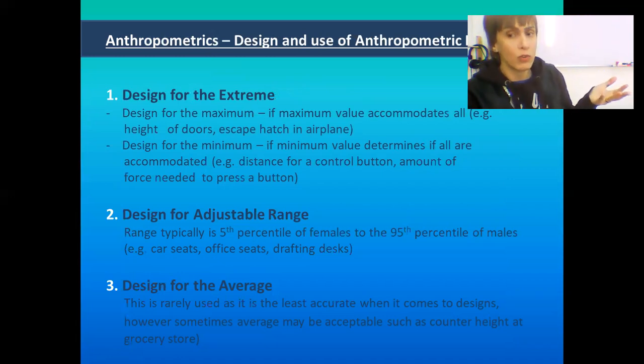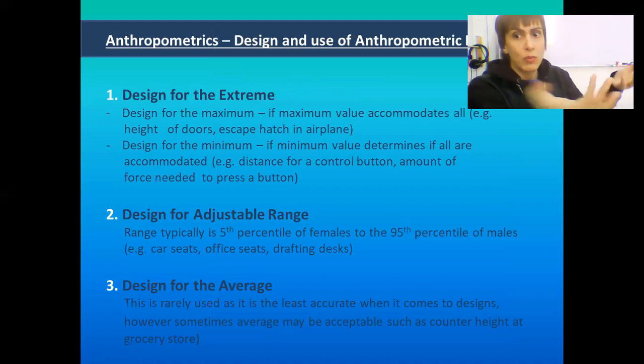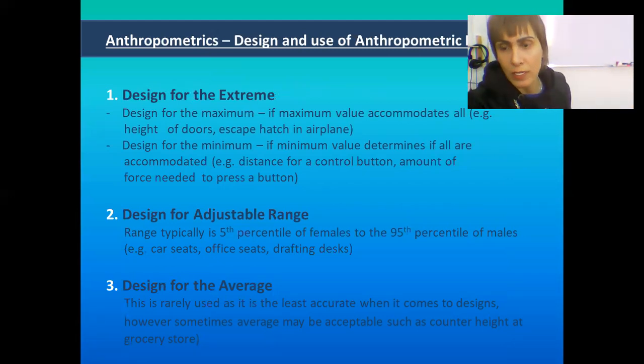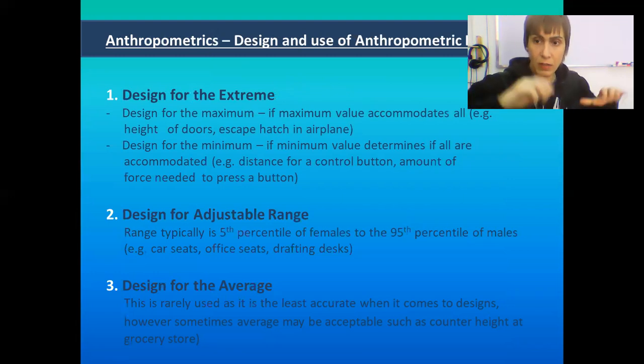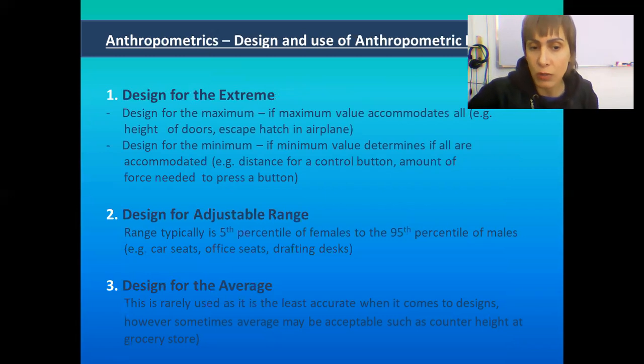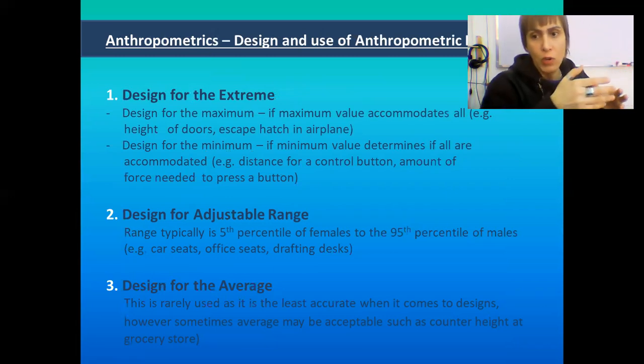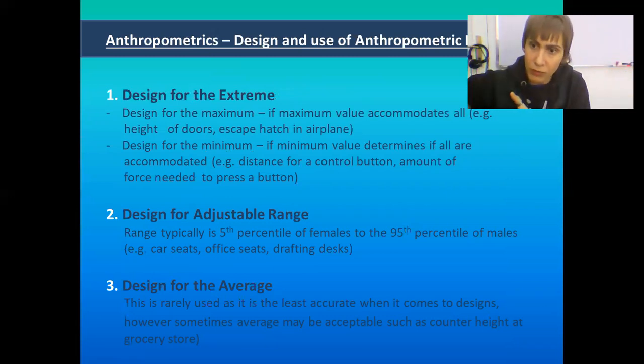Because imagine if you're a small female and you buy a car and, oh, I cannot reach the steering wheel because the seat is fixed. It cannot move. So you need to design for the adjustable range. So if I'm short, I will move the seat forwards. If you're a tall person, you will move the seat of the car backwards to fit your legs.